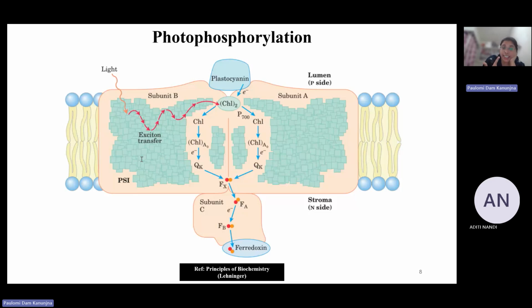When these get excited by illumination, they convey this energy. So these antenna molecules get excited and then transfer this to this chlorophyll, which is the main reaction center. Right. So this is the pictorial representation of how this actually takes place.